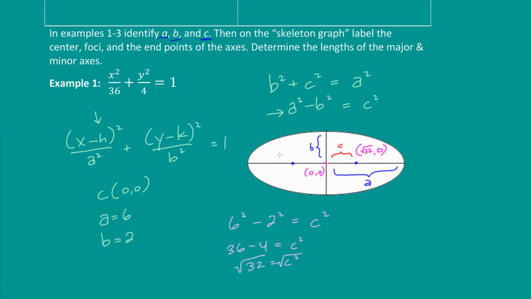What about this one over here? Well, you go 0 and then you go left the square root of 32. But our y is still 0. So that's how you're going to have to identify your center, your A, your B, and then finally your C so that you can find your foci.